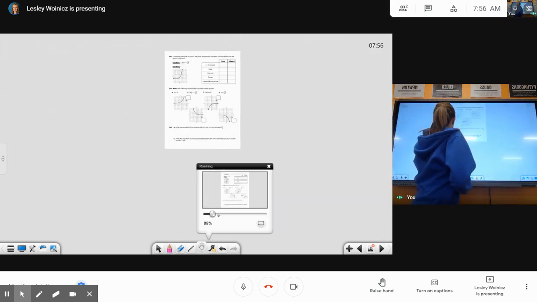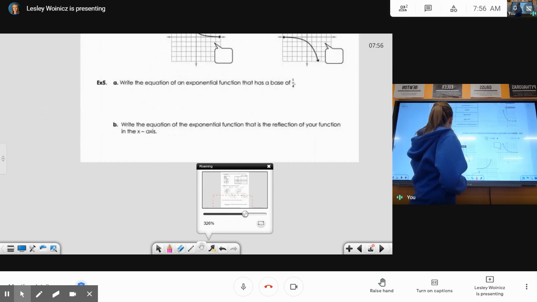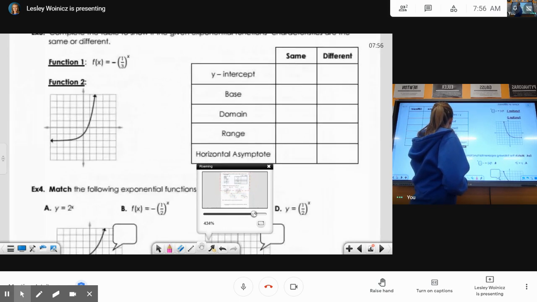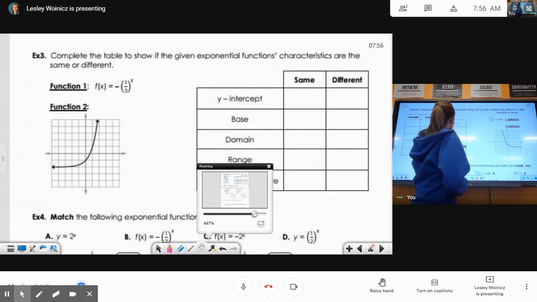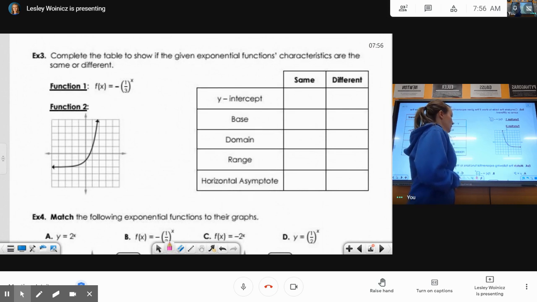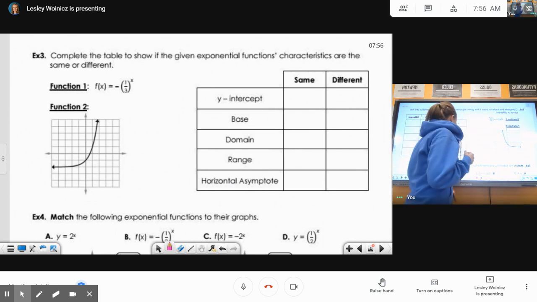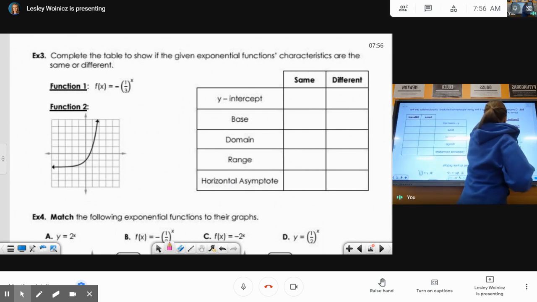All right, everybody, it's the same and different problem. It's our favorite. So one of the first things you're going to want to compare are the bases. And I can already tell that the base for my function 1 is 1/3. That's my base.